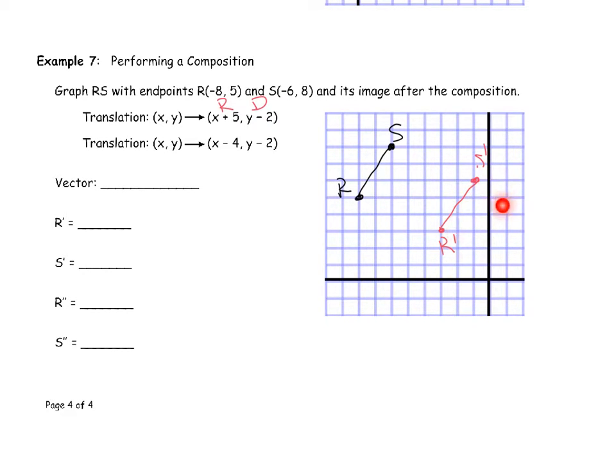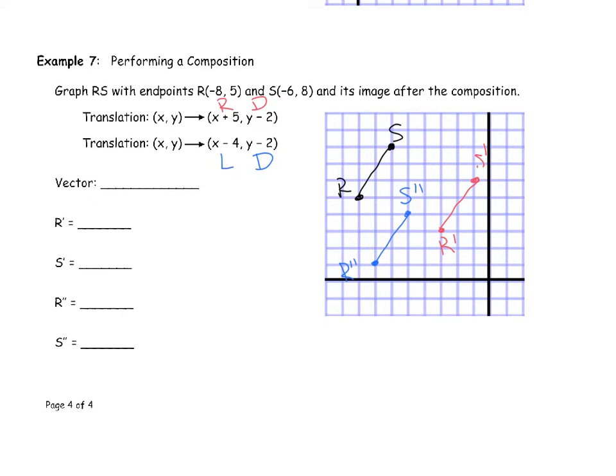So this is where my new R prime and S prime is. And notice that's not it. I have a second translation. So now I'm translating it again, this time to the left 4 and then down 2. So we get, all right, and this is where we would end up with our final move.